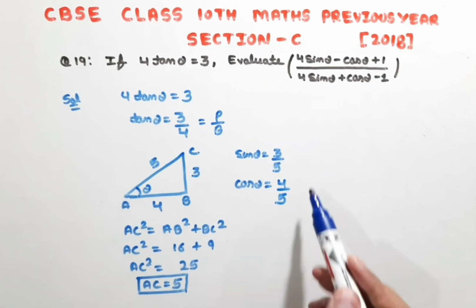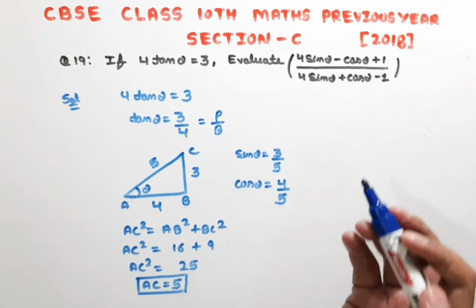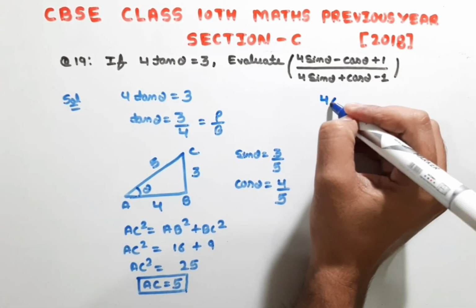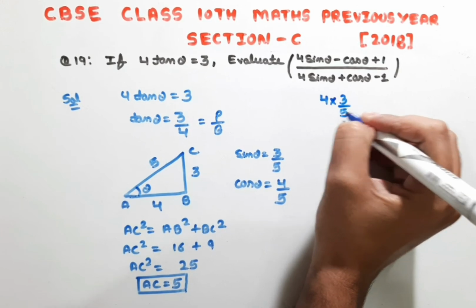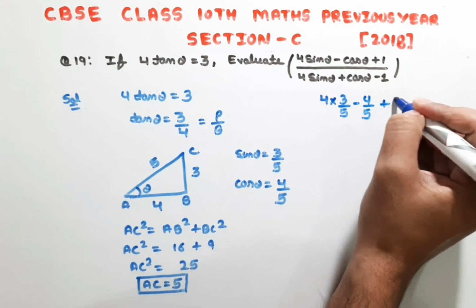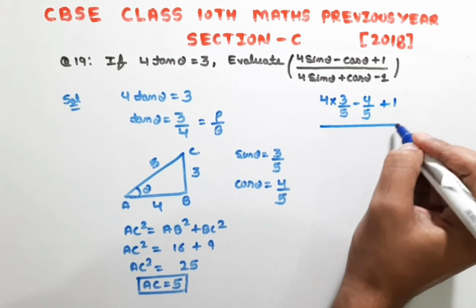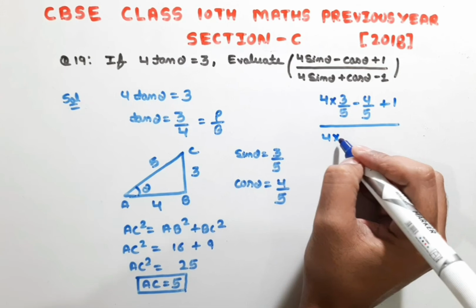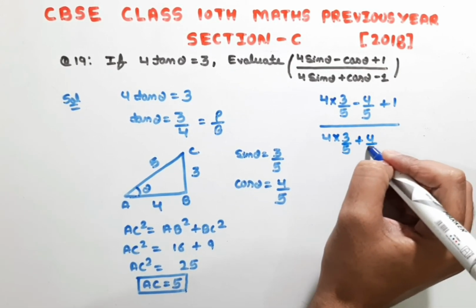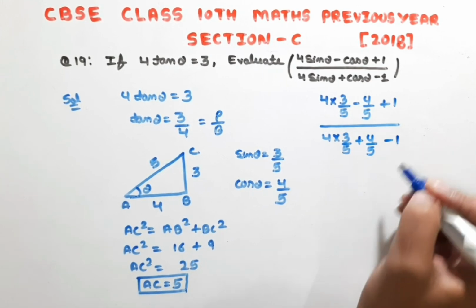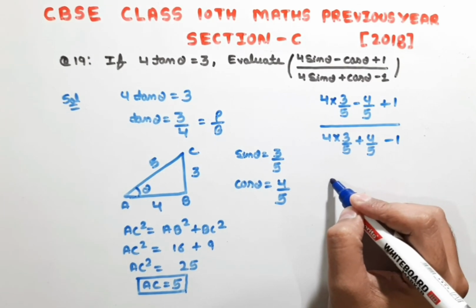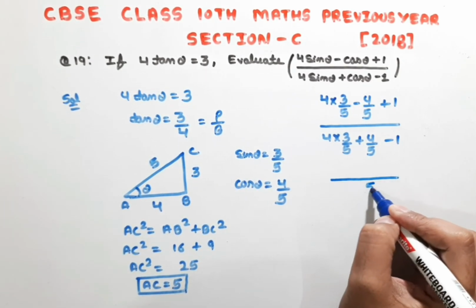Now putting the value of sin theta and cos theta here. So 4 sin theta, that is 3 upon 5, minus cos theta, that is 4 upon 5, plus 1, upon 4 into sin theta, that is 3 upon 5, plus cos theta, that is 4 upon 5, minus 1. Here in numerator, 5 is LCM.